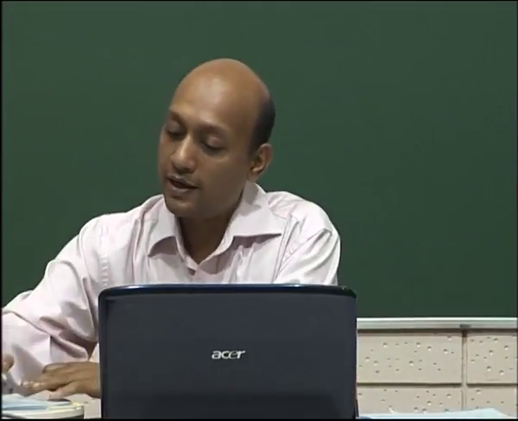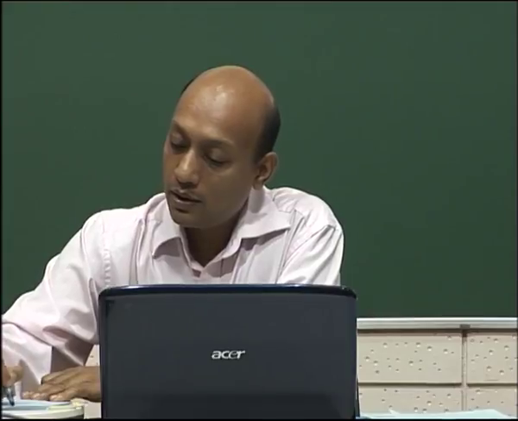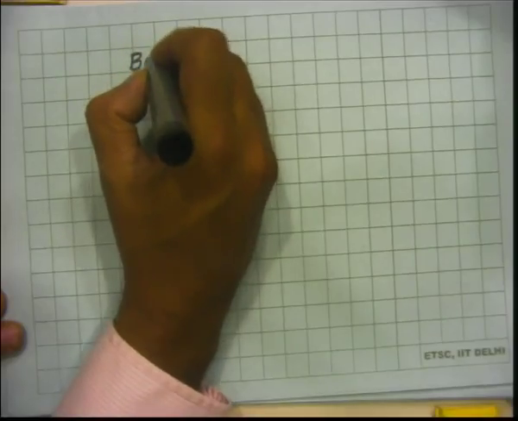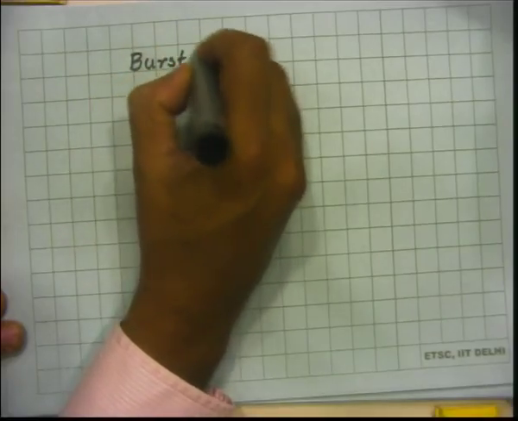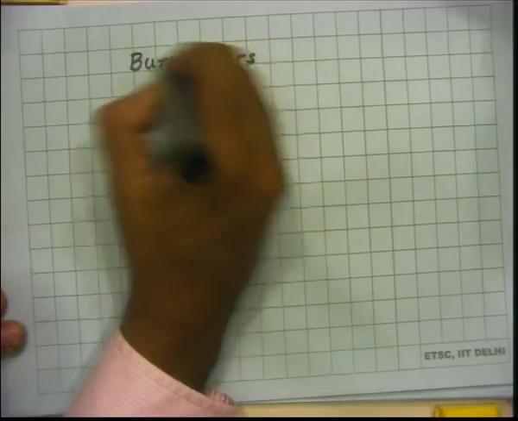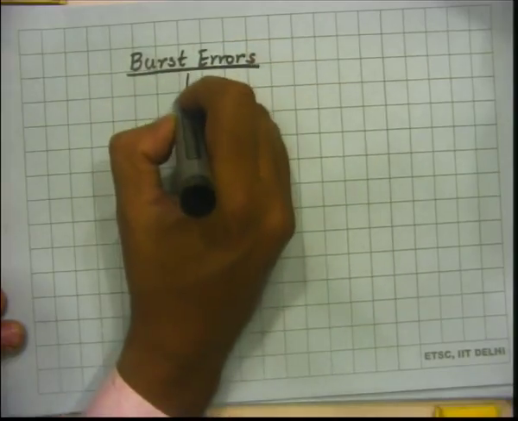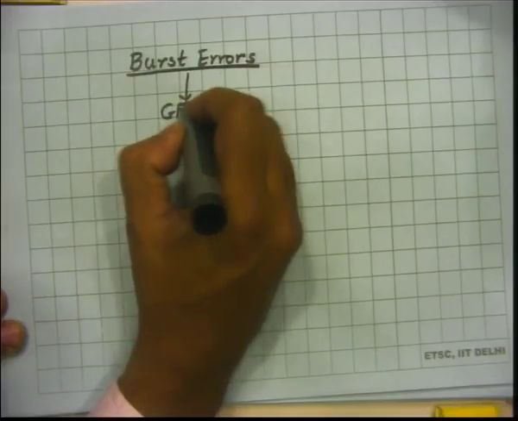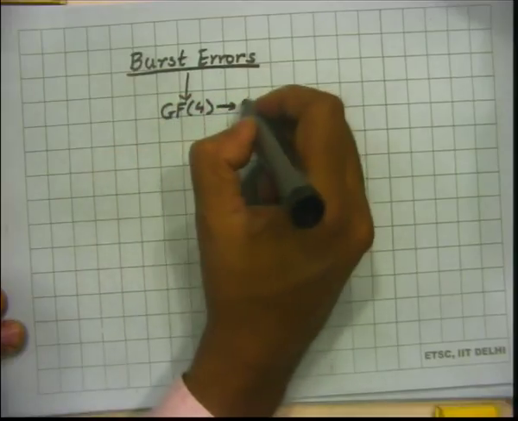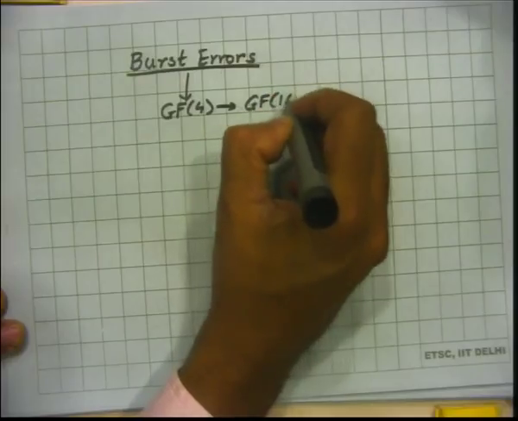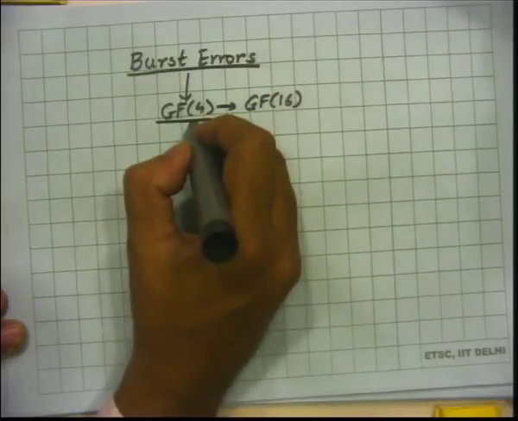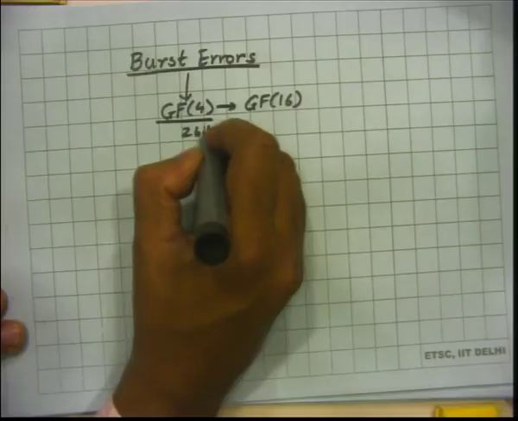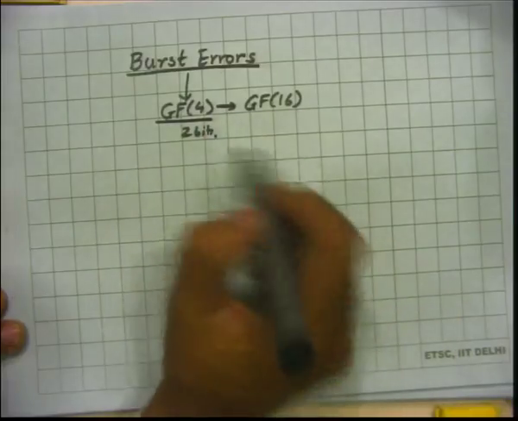The burst error correcting comes from its higher Galois field representation. Burst error comes because today you have gone to the extension field GF16. This GF4 is represented using 2 bits. Therefore, it is a burst of 2.